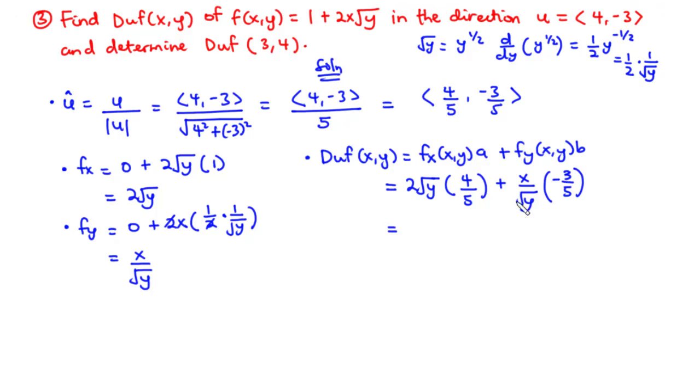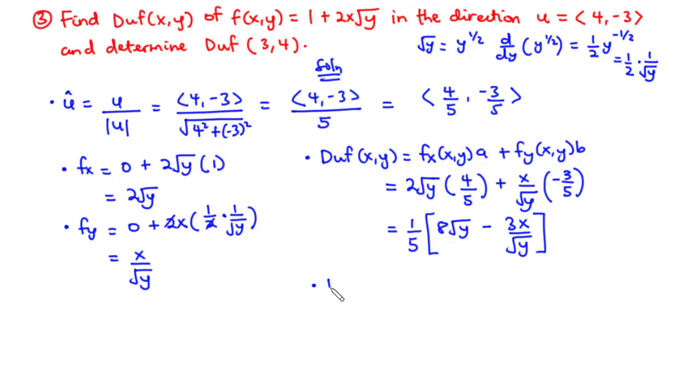So we have a common denominator of 5. Therefore we have 1 over 5 on the outside. Inside of the bracket we have 4 times 2, which is 8, so 8 root y, and then minus 3x over root y. So basically we can say that this is the directional derivative at a point xy.